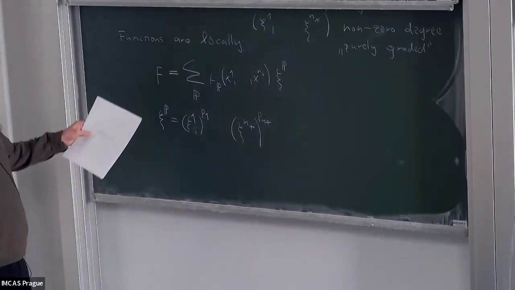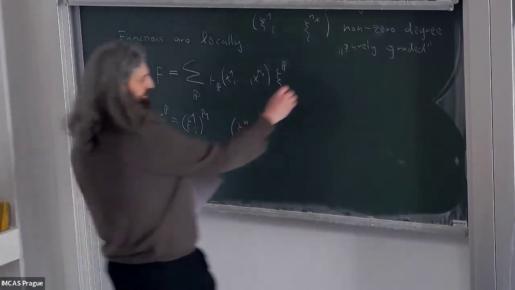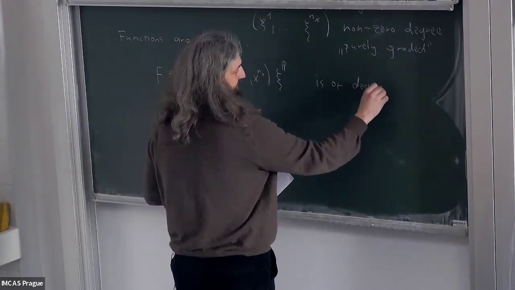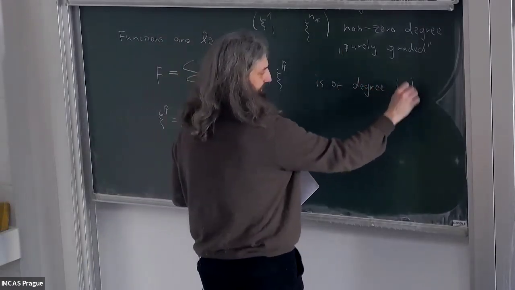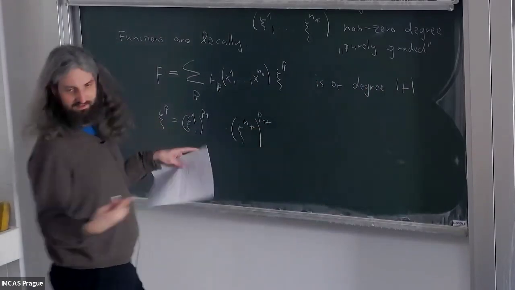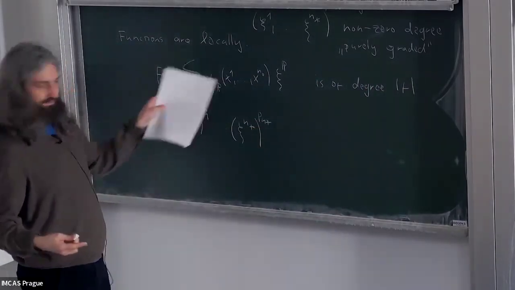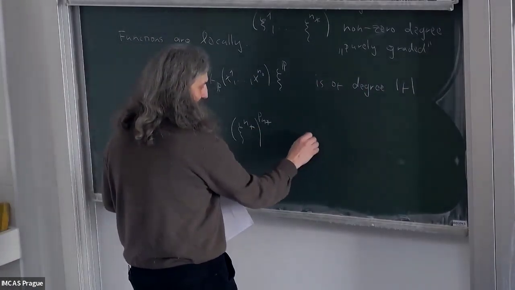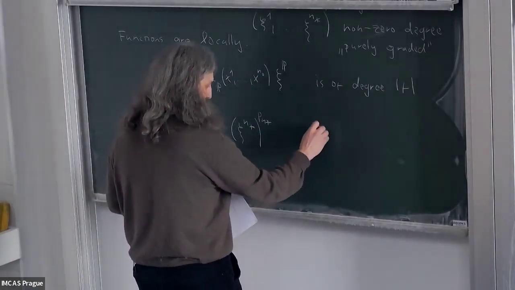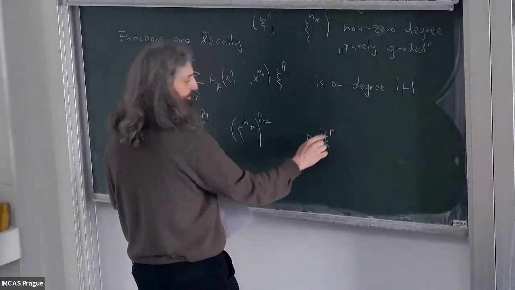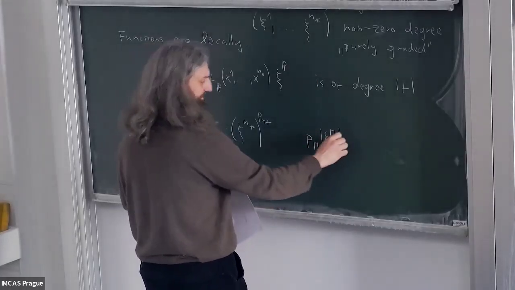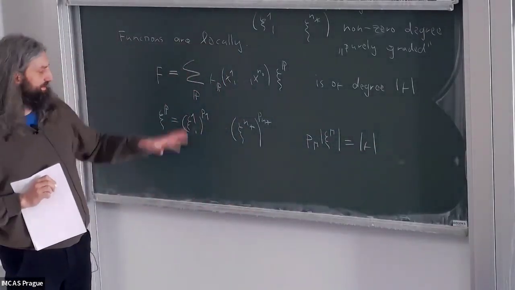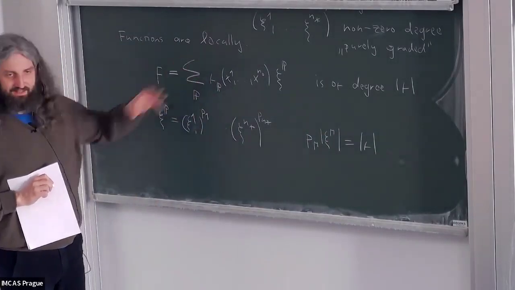And of course, if you want to say that this function is of some defined degree of f, then these multi-indices have to satisfy a constraint, otherwise it's not a function of degree f. The constraint is that the sum of p mu times the degree of psi mu, summed over mu, is precisely the degree of f. So you only allow such combinations of psi that combine to the correct degree.